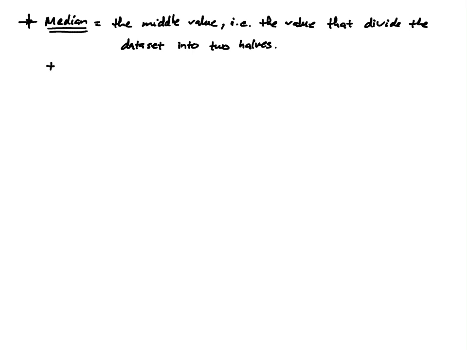For a data set with an odd number of observations, the median is literally the middle value.